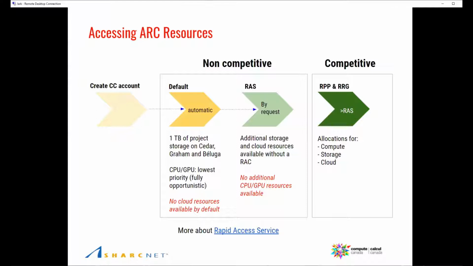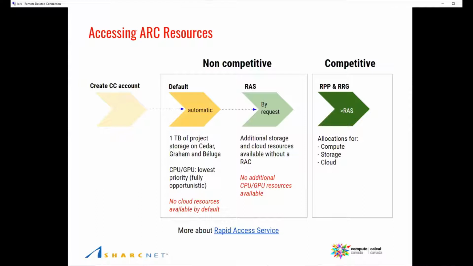For example, 1 terabyte of storage space on most of the clusters, and CPU and GPU with the lowest priority. Basically, you can access the CPU and the GPU opportunistically, and there's no cloud resource allocation available by default.